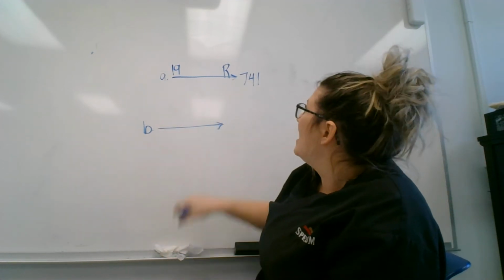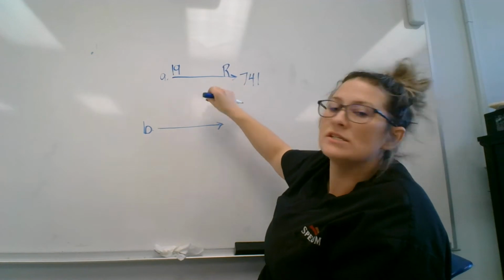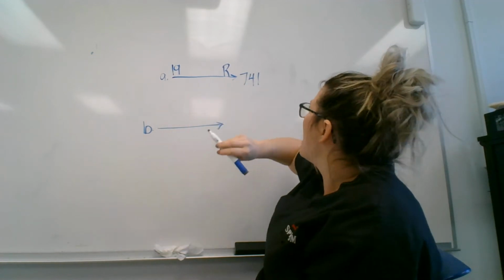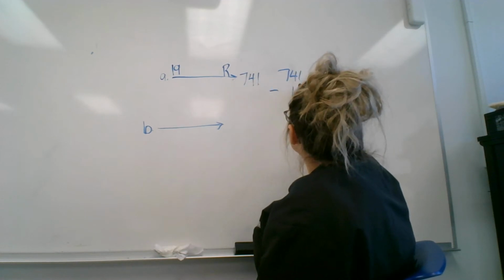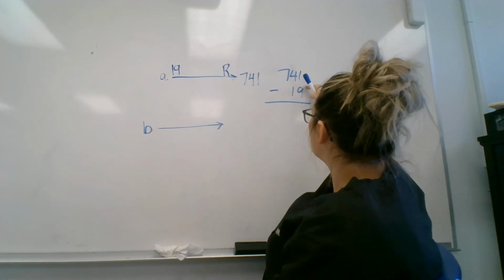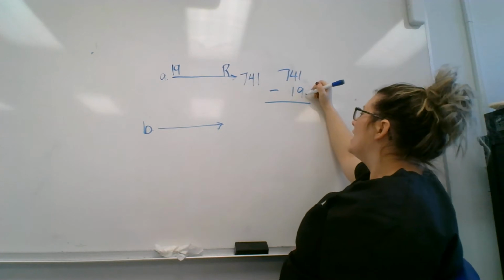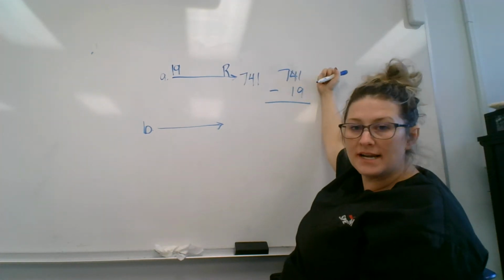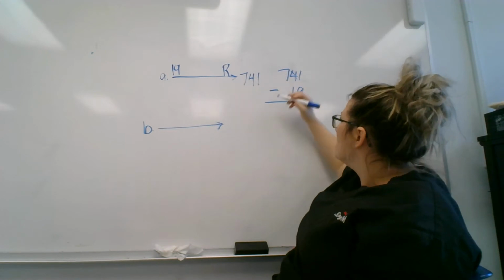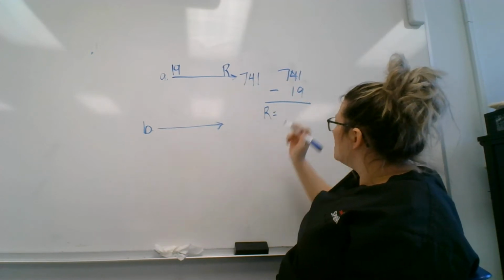Okay, so I'm missing a small number, so I am going to subtract 741 minus 19. I'm going to have to borrow here because 9 on the floor, I need to borrow more. So I go over to the next column. Okay, then you will find out what R is equal to.